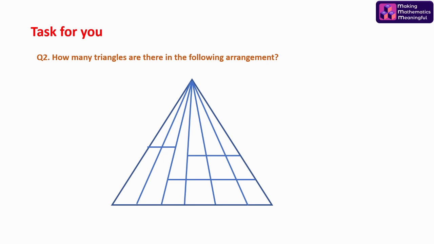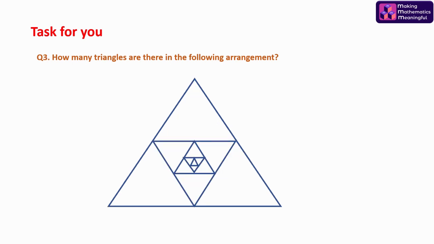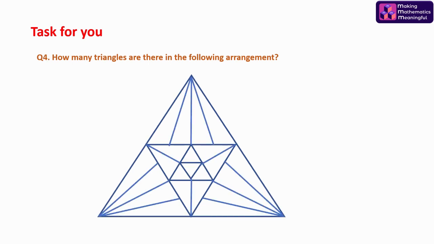How many triangles are there in the following arrangement? Question 3. Count the total number of triangles in this arrangement. And the last one, more logical. How many triangles in the following arrangement?